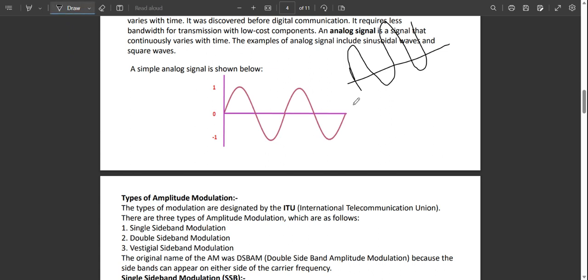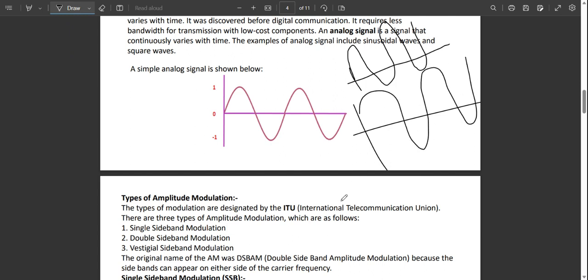So what is over modulation? Okay, so this is the phenomenon of over modulation.